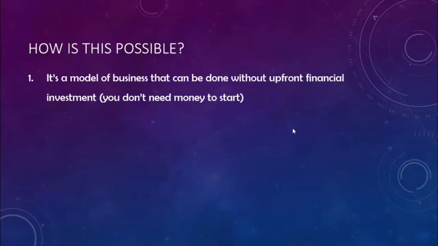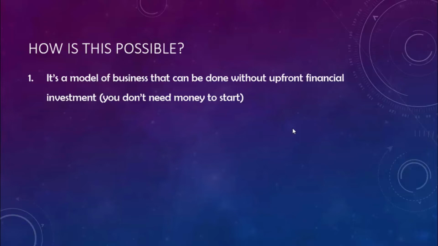That's because 30 years ago you needed a lot of money to start a business, and nowadays you actually don't. You can start from scratch with absolutely nothing in a dorm room, exactly like Facebook started. So this is possible because you don't need any upfront financial investment. It's a business model that is accessible to absolutely anyone from anywhere in the world.